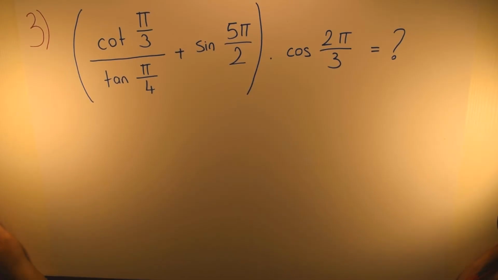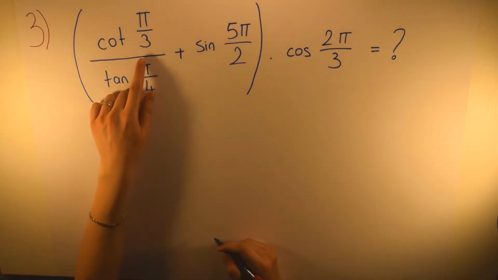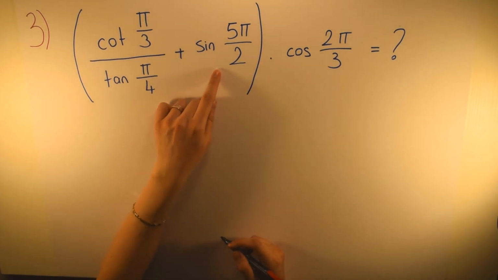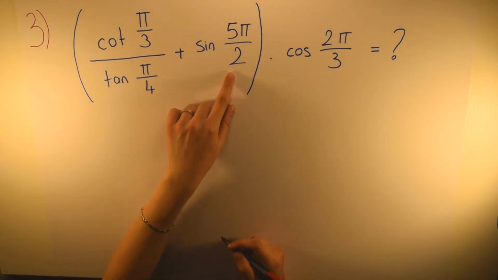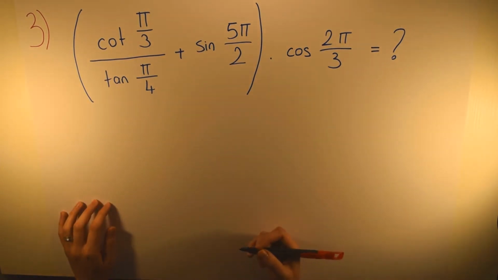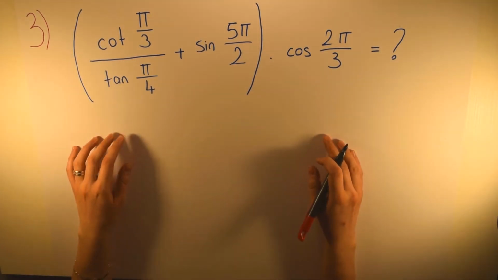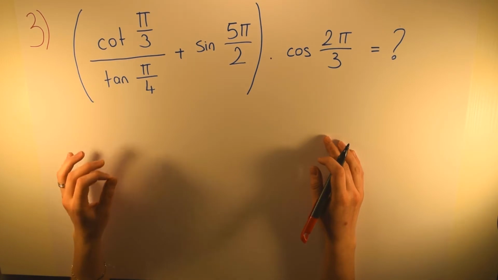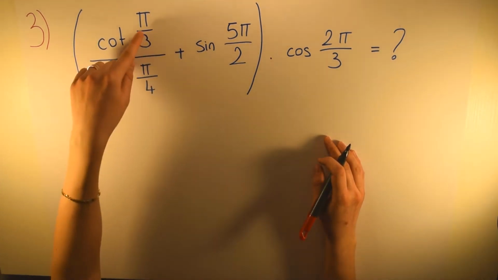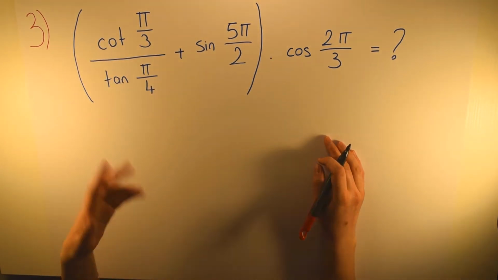Now we are on the third question. Here we have cotangent p over 3 over tangent p over 4 plus sine 5p over 2 times cosine 2p over 3. In this kind of question, the easiest way is to convert radians into degrees. Instead of p, we will put 180 degrees.